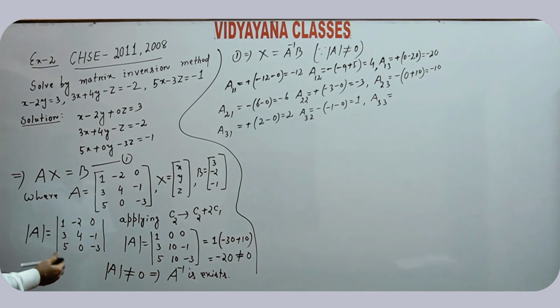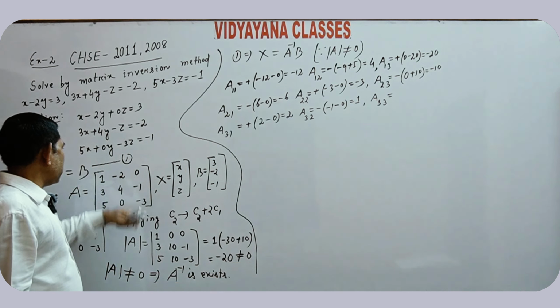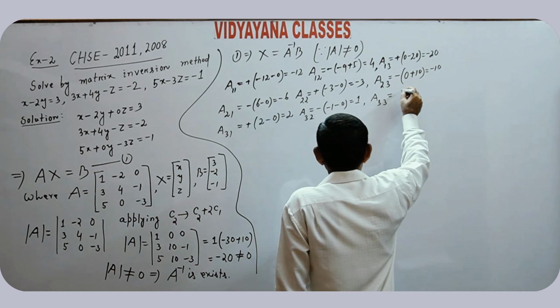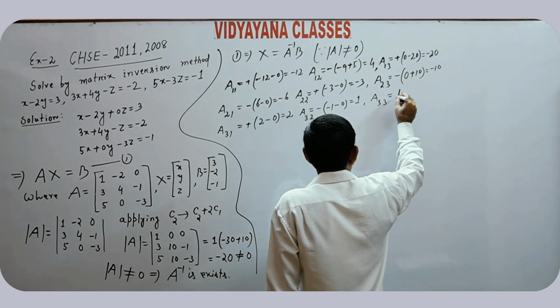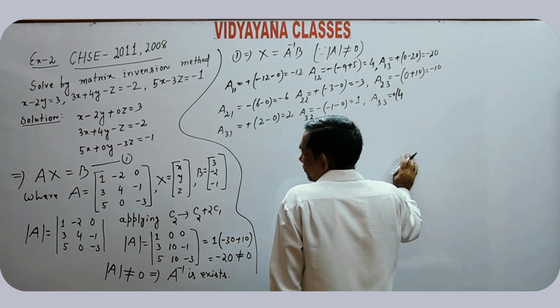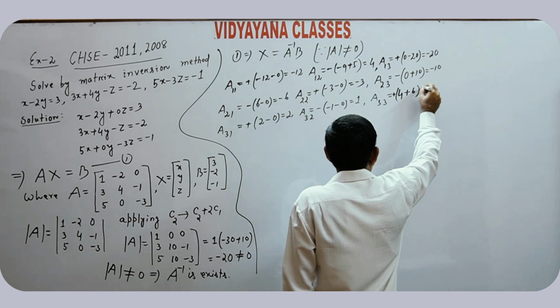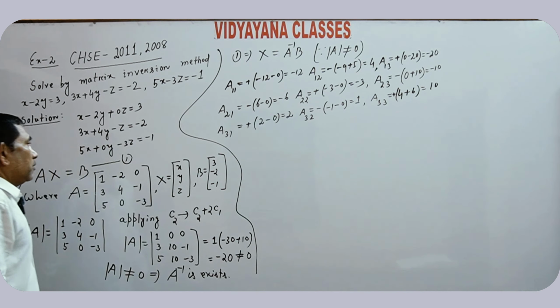Element of third row and the third column, it gives 1 into 4, that is equal to 4. Its sign is positive. 4 plus 6 is equal to 10. Clear?